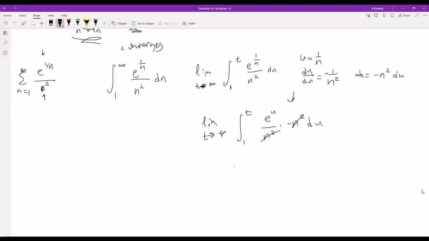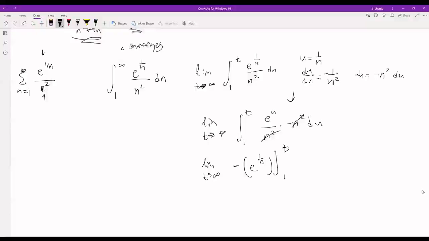So that's negative e to the u, which is e to the 1 over n, evaluated from 1 to t, with t approaching infinity. And this negative is outside. So what we'll do now is do the top first.